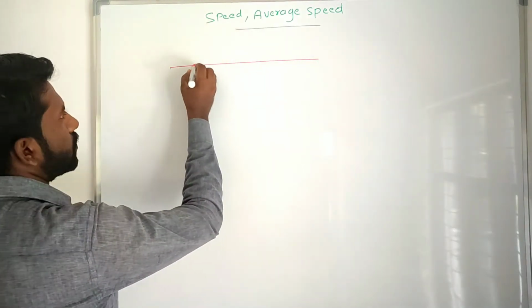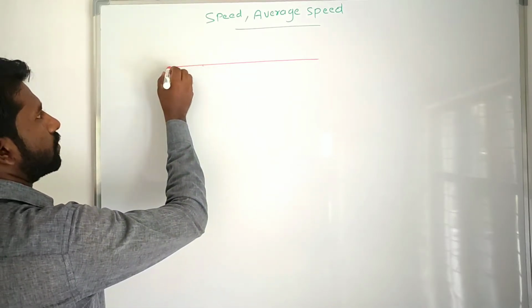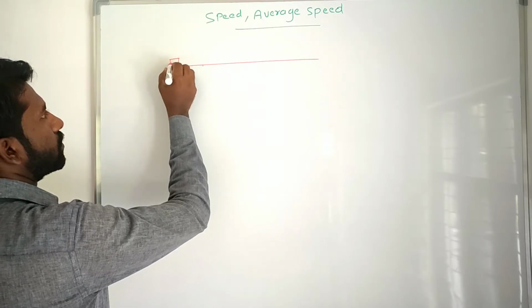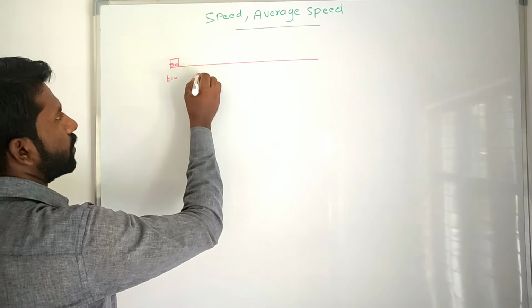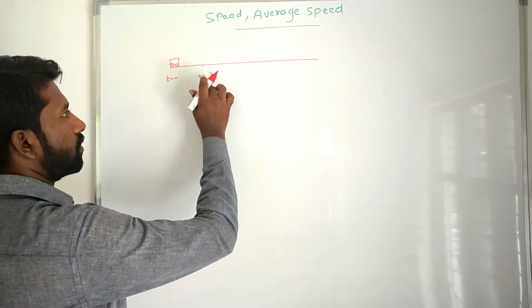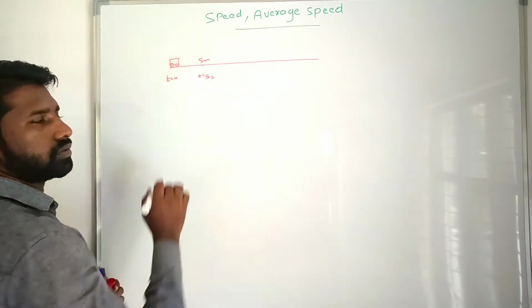This is the first. Initially, at t equal to 0, the object is here. After 5 seconds, the object travels 5 meters.